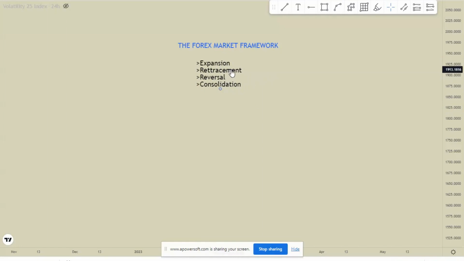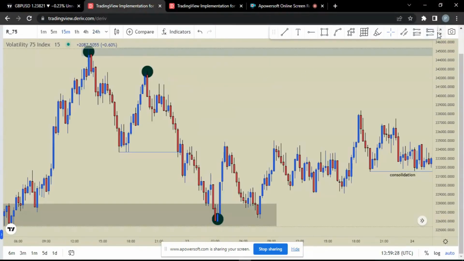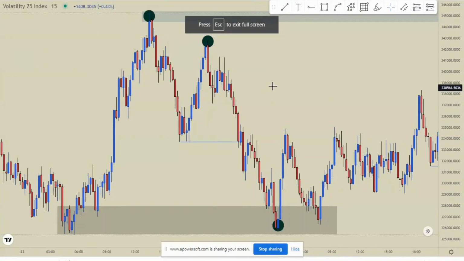At all times it is rotating: it will either be expanding, retracing, reversing, or consolidating. By the way, this is a strategy that I love the most also.